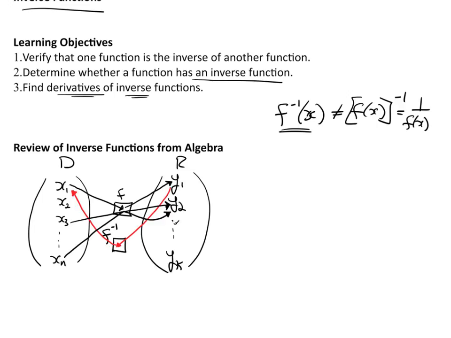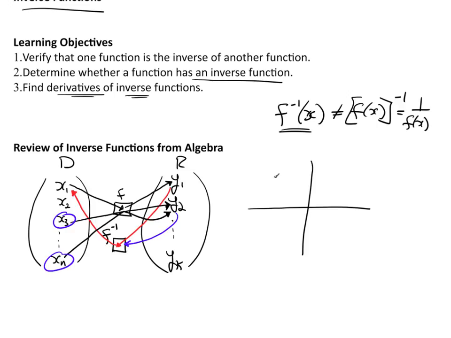The problem is, if I take y2 and put it into the inverse function, how does it know which of the x's to go to? It doesn't know where to go. So a function where two different x's go to the same y would not have an inverse.